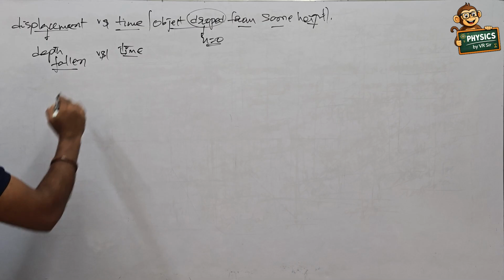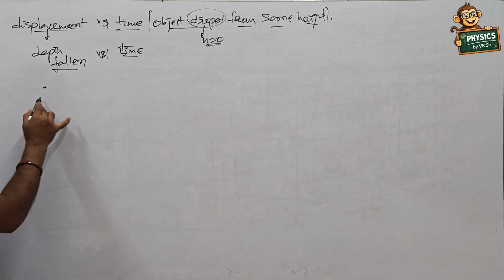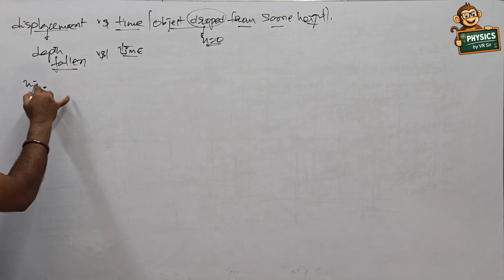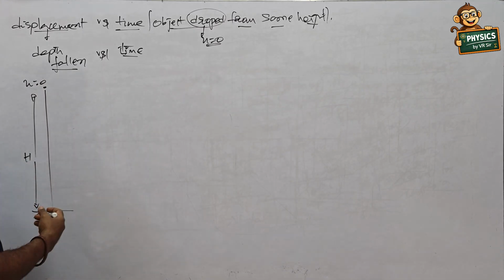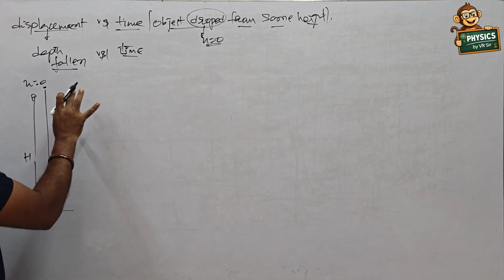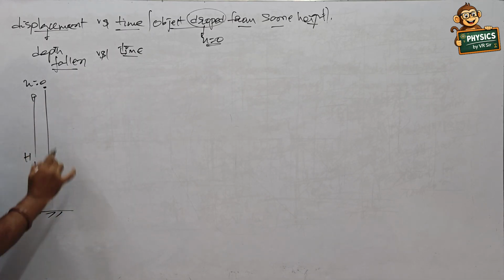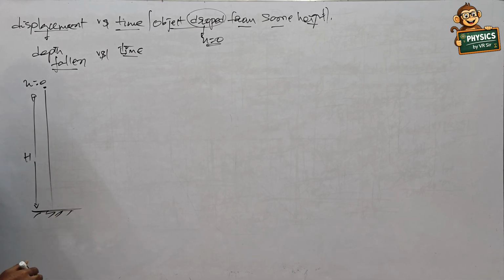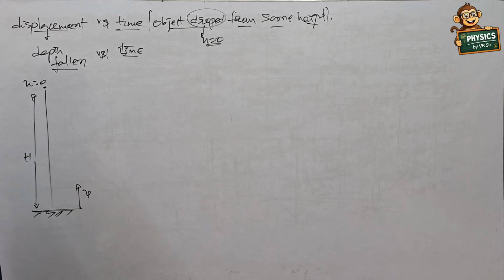So why do we call it depth fallen? For example, see here, the object is dropped from some height. For all the physical quantities, when you use the displacement versus time formula, the displacement is from the starting point of the object, not from the ground. For example, if the object is thrown up with some velocity from the ground, then the displacement is from the ground itself.